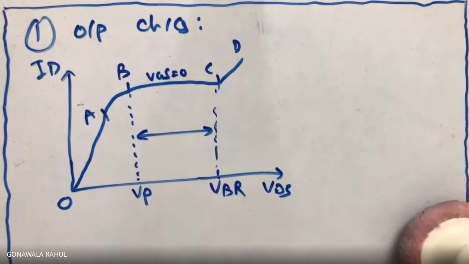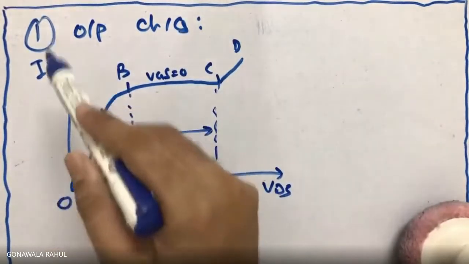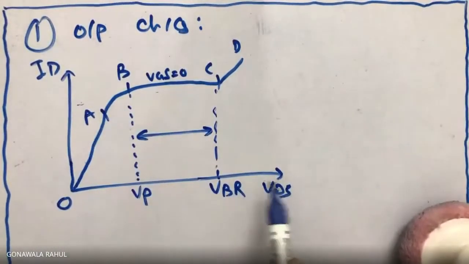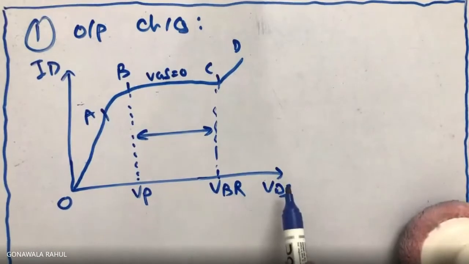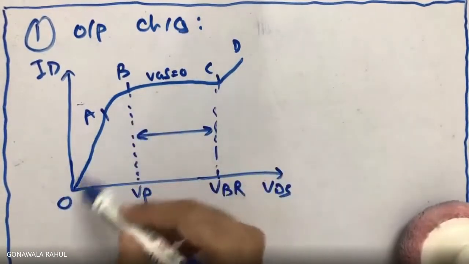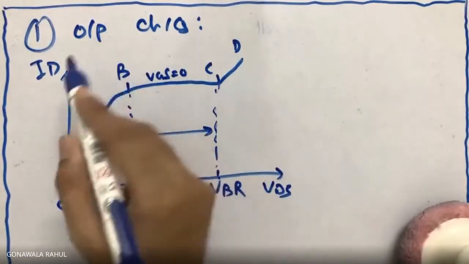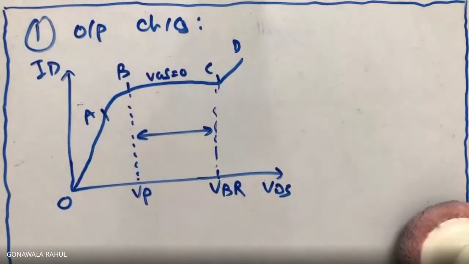So the curve between drain current and drain to source voltage VDS, with gate to source voltage as a parameter, is called drain characteristics or output characteristics.